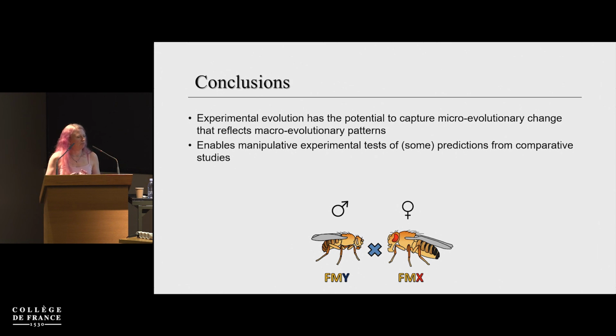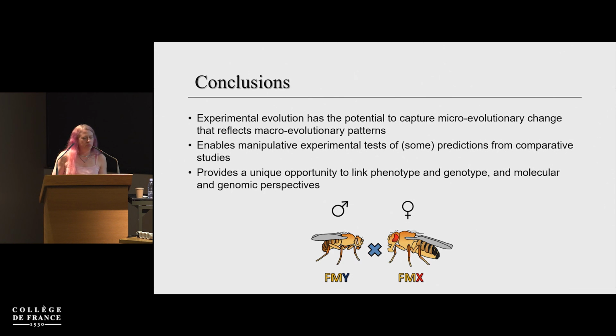Exactly. So we can maybe do manipulative tests of at least some of the predictions that we get from comparative studies. And whenever you have this type of phenotypic change and then genomic data, we can really try to link phenotype and genotype in the molecular and the genomic perspectives here.